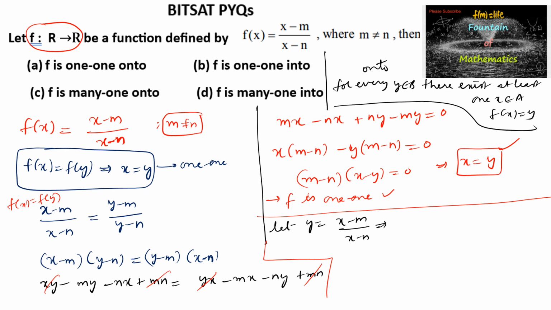On simplifying, y times x minus n is equal to x minus m, or xy minus ny is equal to x minus m.